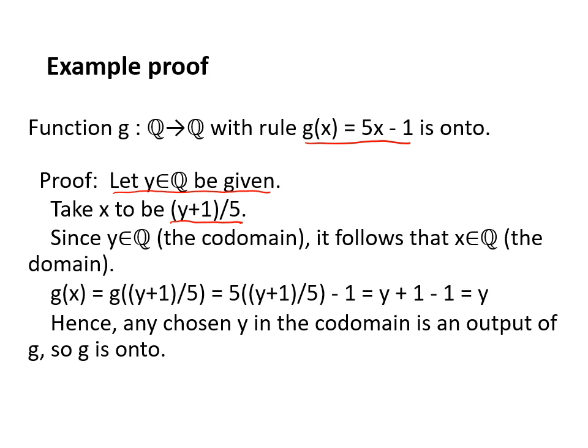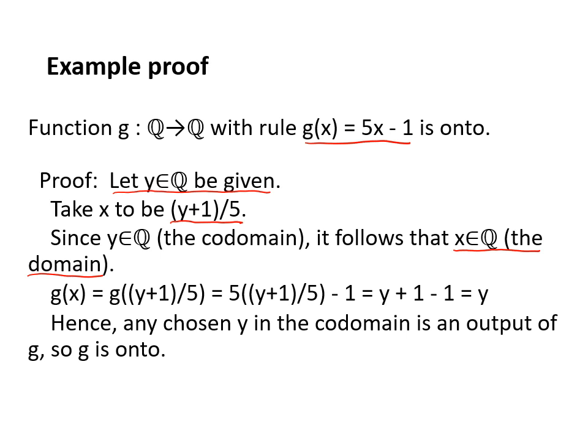Okay, so we pick this x. First we have to show that x belongs to the domain. That's easy to show. Since y is a rational, when we add 1 to y and divide it by 5, we are going to get a rational because rationals are closed under addition and division. So it follows that x is indeed a rational, which means that it's an element of the domain. So that's the first thing we have to show. And the other thing we have to show is that x maps to y.